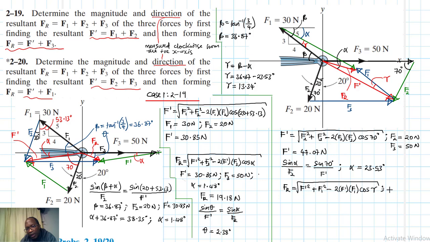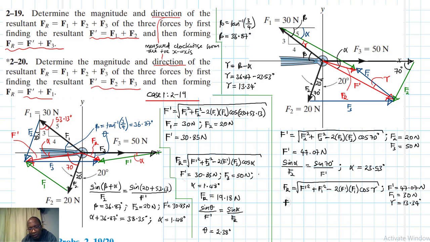And then we know that F prime, of course, is already given. We already calculated it. It is 47.07. F1, we already know, is given. It's equal to 30. And gamma is also calculated, it is 13.34 degrees.